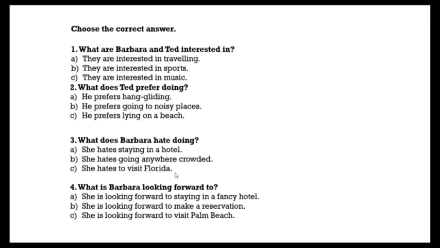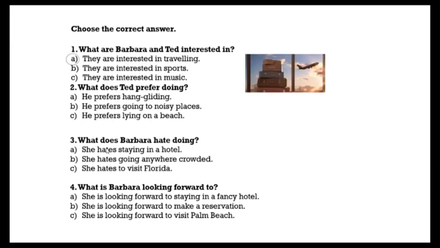Number one. What are Barbara and Ted interested in? They are interested in traveling. That's right. Number two. What does Ted prefer doing? He prefers lying on a beach. That's correct.